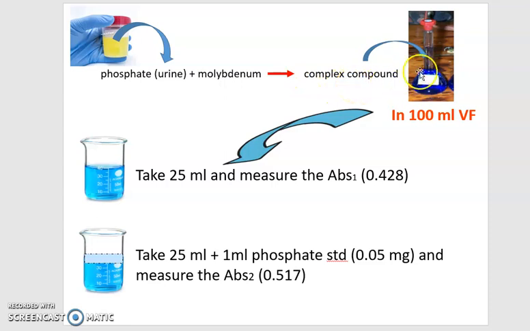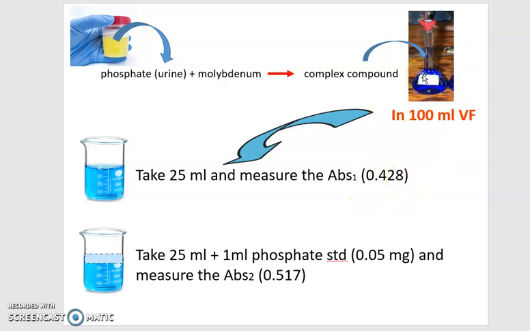This complex solution is diluted to a final volume of 100 ml. From here, we take about 25 ml of the sample solution and then introduce it to the UV spectrometer, and the absorbance measured is 0.428.